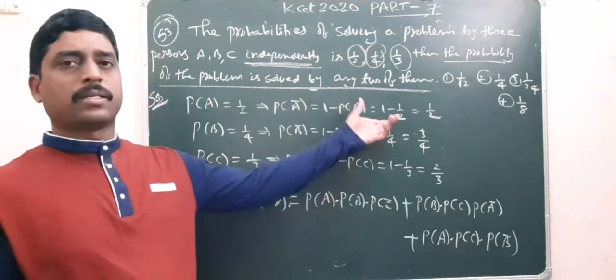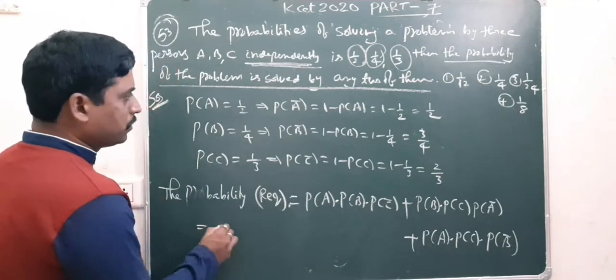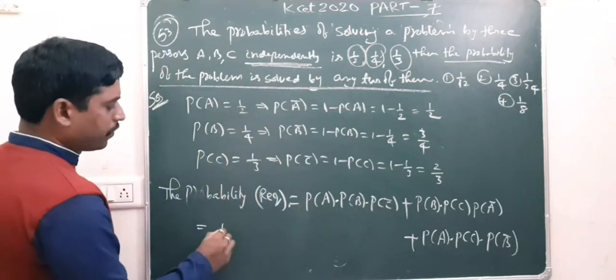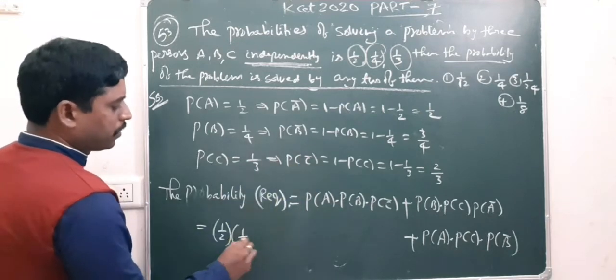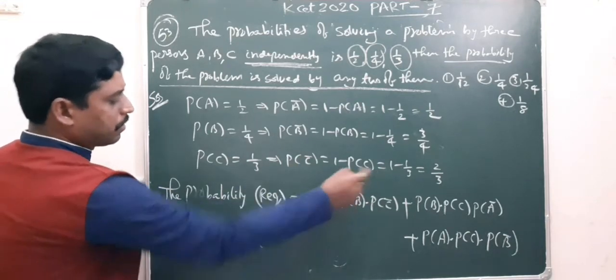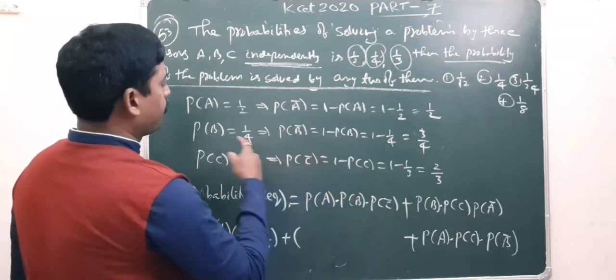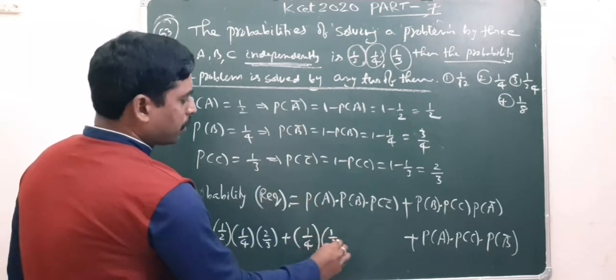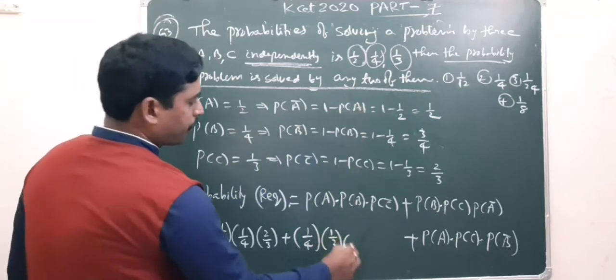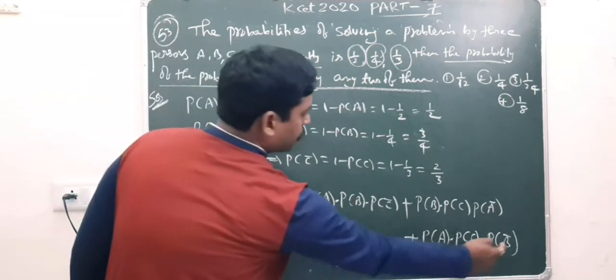So all values are substituted in this equation. So P of A value 1 by 2, P of B value 1 by 4, P of C bar value 2 by 3. Next, P of B value 1 by 4, P of C value 1 by 3, P of A bar 1 by 2, plus P of A, P of C, P of B bar.